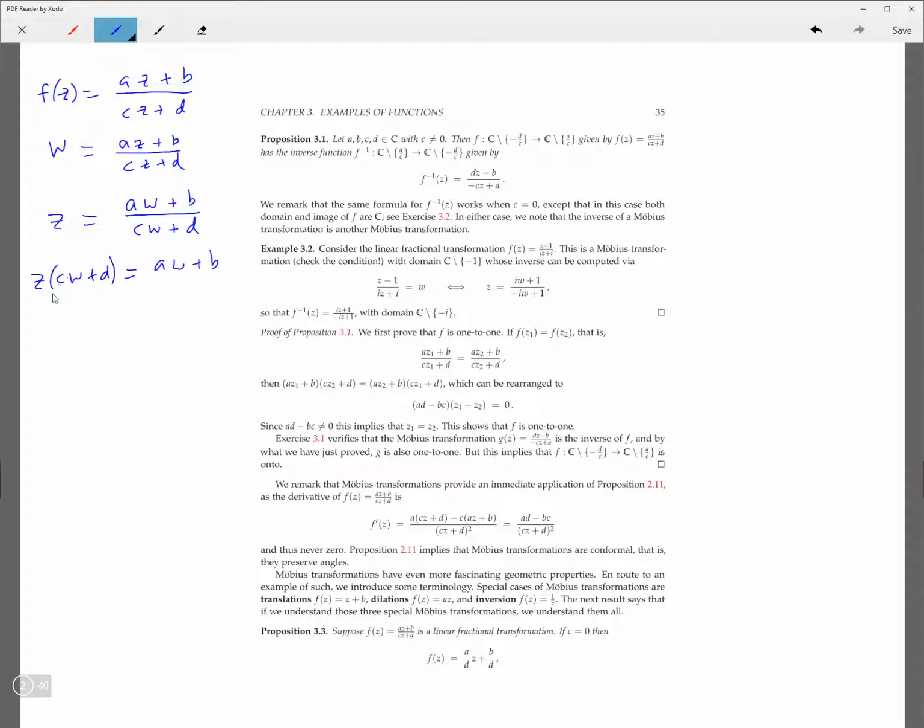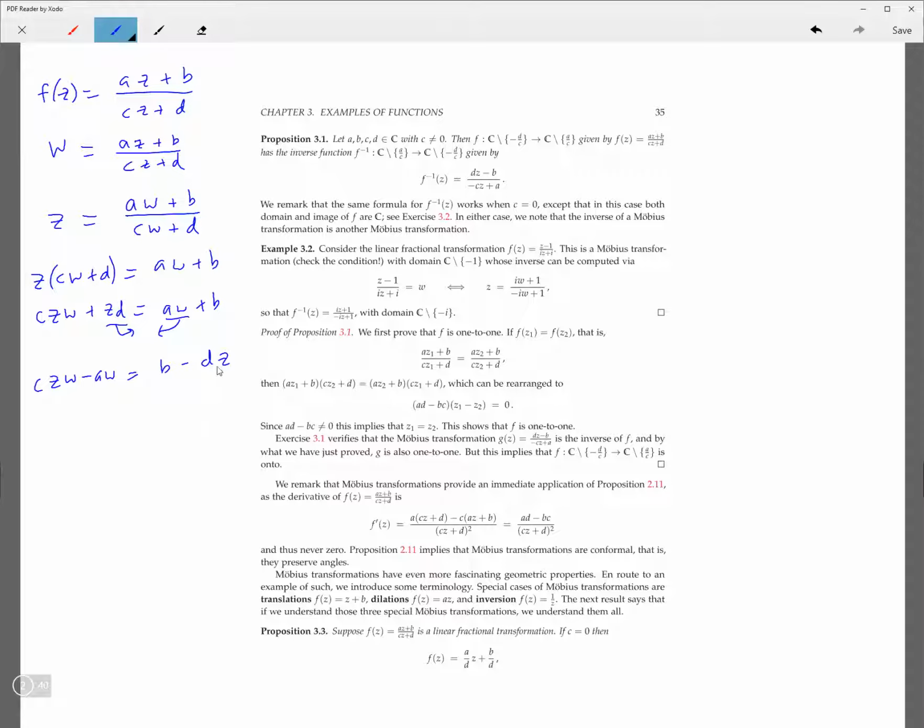Okay, so you distribute the z in, so that's czw plus czd equals aw plus b. Then everything with a w in goes to the left, everything without goes to the right. So we have czw minus aw, and then over here we've got b minus dz.